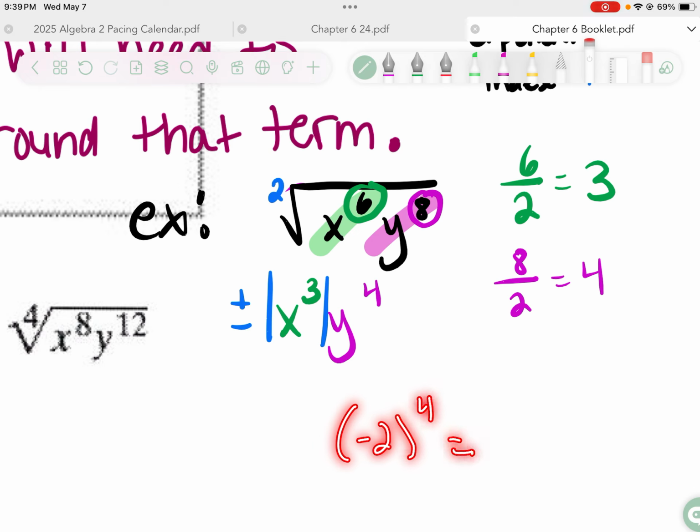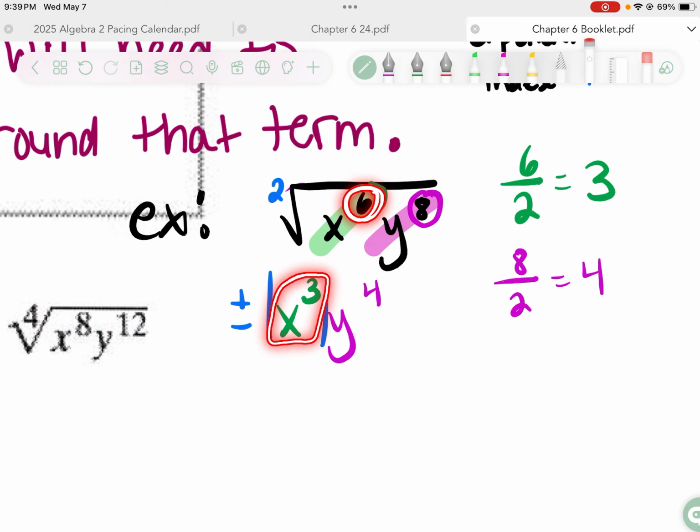Put that in your calculator with parentheses. It gives you positive 16. If you do negative 3 squared, it gives you positive 9. Right? So when you raise it to an even power, it's always going to be positive. So we have to make sure that we keep that in check with our final answer, that this also needs to be positive.